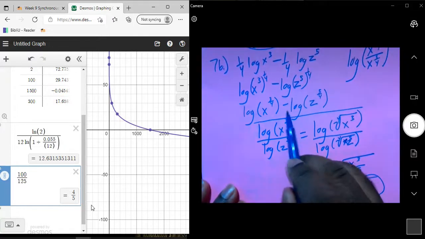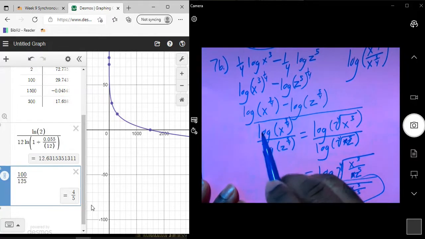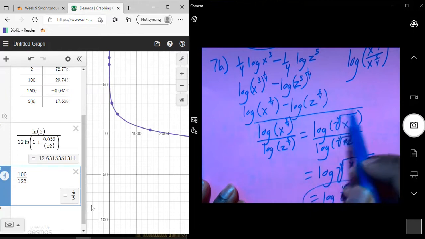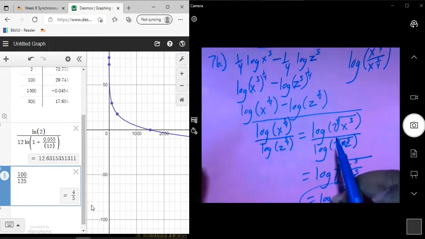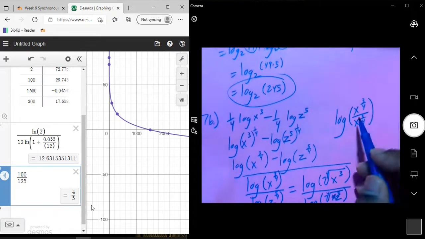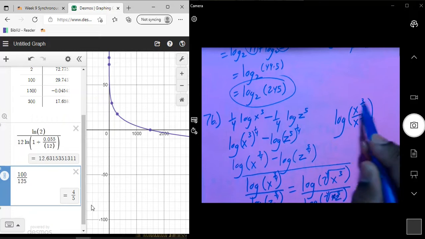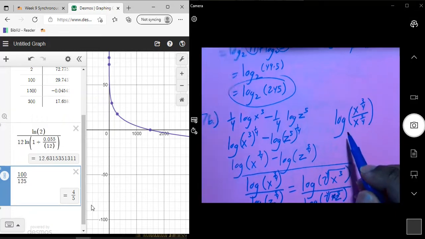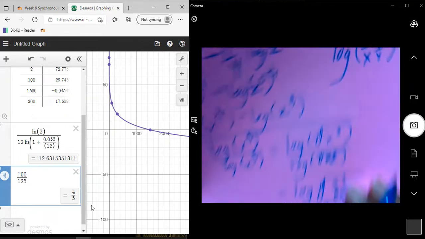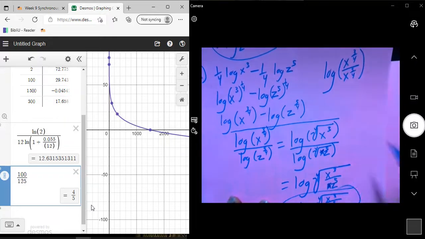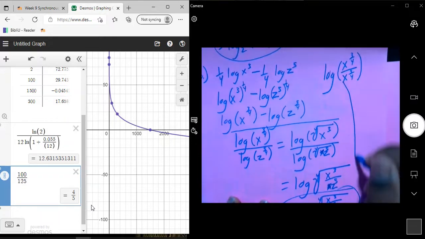Because remember, when we changed this from subtraction, it was supposed to become one log, not two separate logs like I have here. So basically, this problem here should have gone to this step here, which would have led us to this step here.